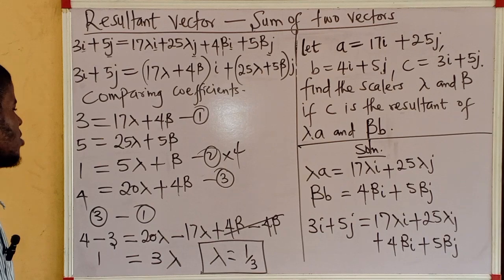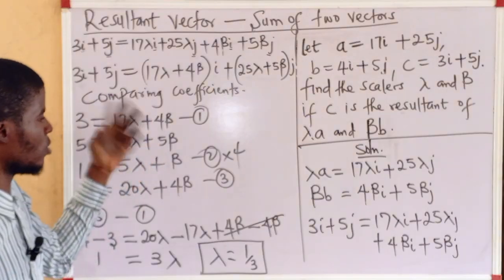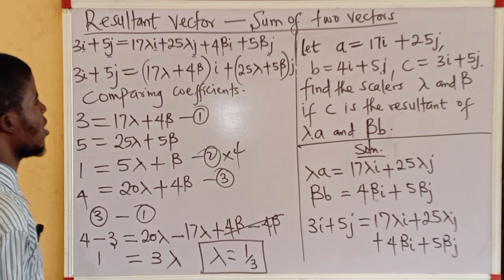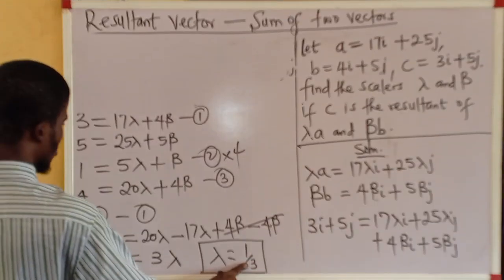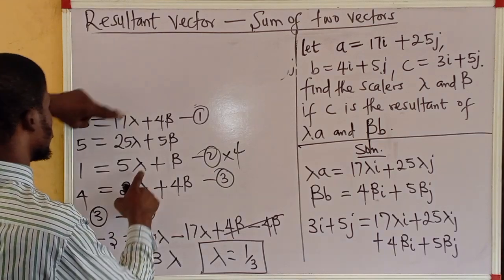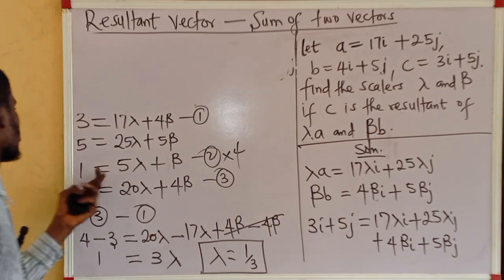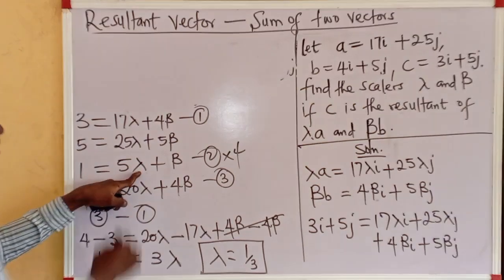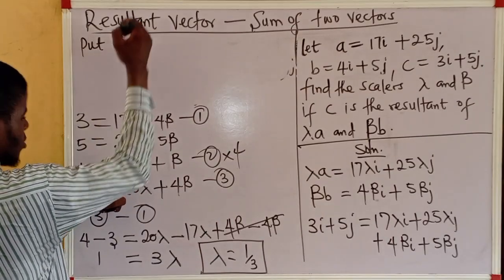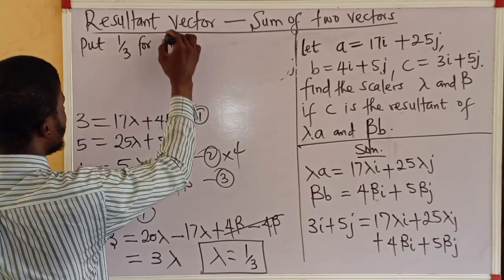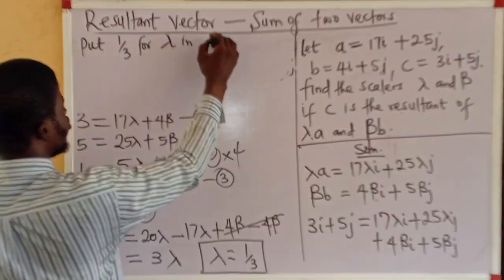So let us now determine the scalar beta. It is easy to get beta now. What we have to do is this. In place of lambda, in equation 1 or equation 2, let's make use of equation 2 since it looks simple. You can just put lambda here. So I'm putting 1 over 3 for lambda in equation 2.